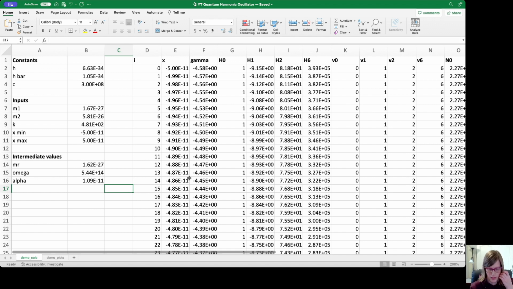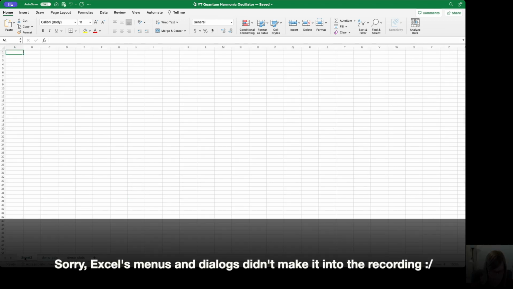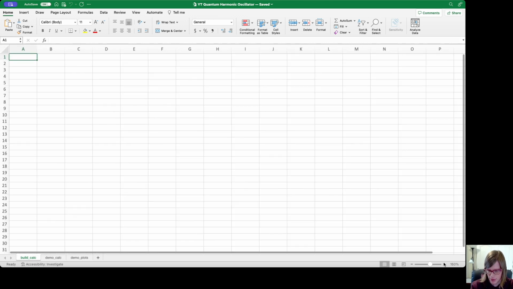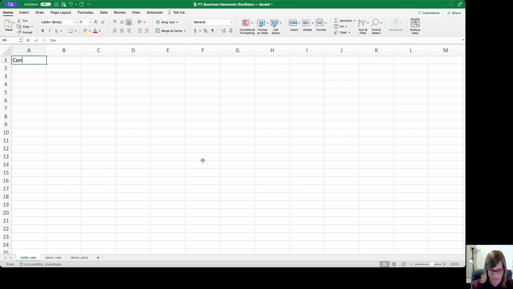Let's start building the spreadsheet out step by step on 2 new tabs. I'm just going to call this one Build Calc. Now zoom in just a bit so that it's easier to see on the screen. The first section will be our constants.